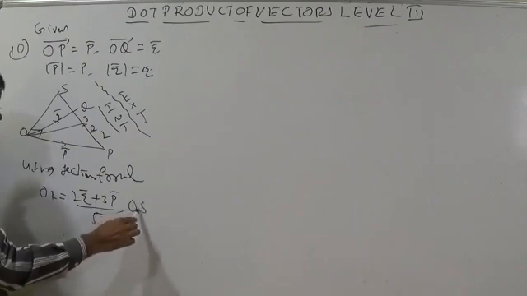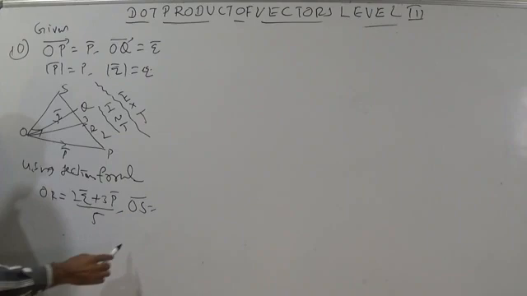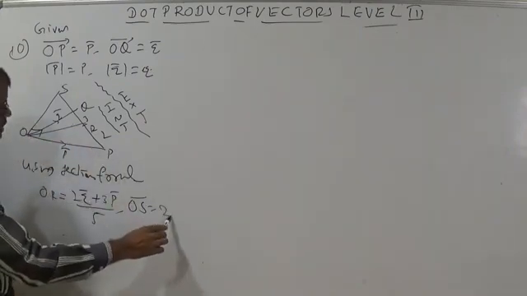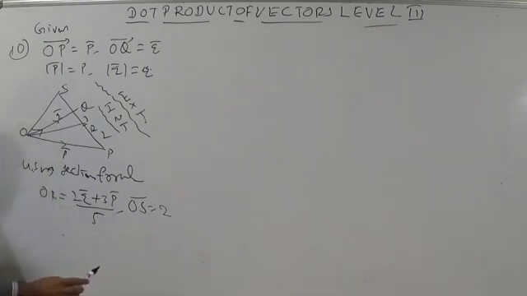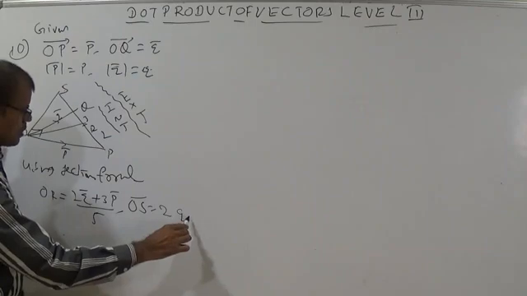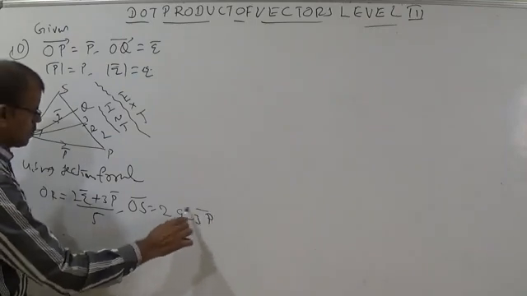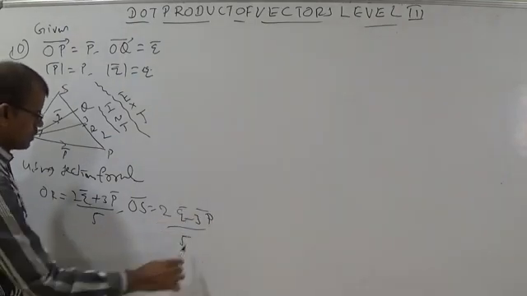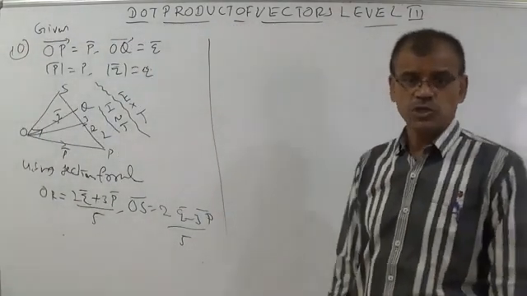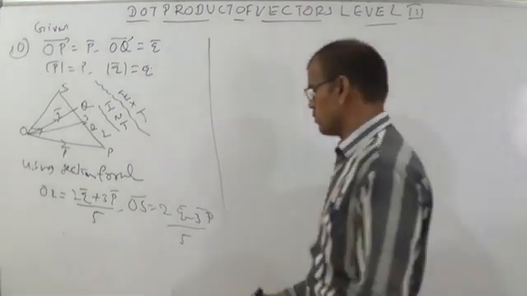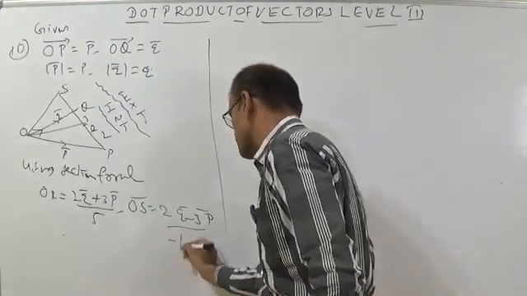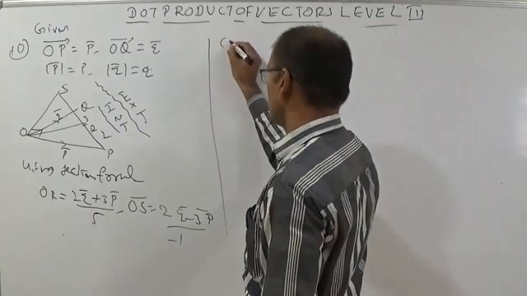Next, OS is the same concept: 2 Q bar minus 3 P bar, whole by 5. So (mB bar plus nA bar) by (m plus n) is the internal ratio, and (mB bar minus nA bar) by (m minus n) is the external ratio, so m minus n here is minus 1. Now I am writing the condition.